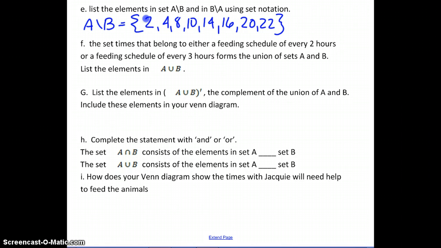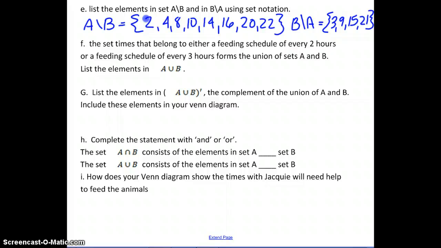And then the ones that are in B but not in A. So B minus A is just 3, 9, 15, 21. To write those properly, you need to have the A minus B part and the B minus A part in front and in curly brackets.